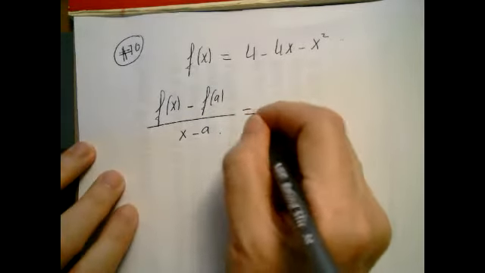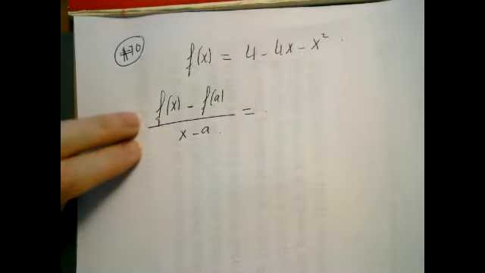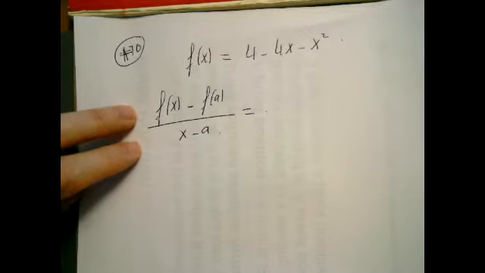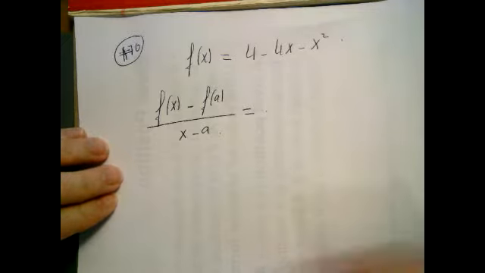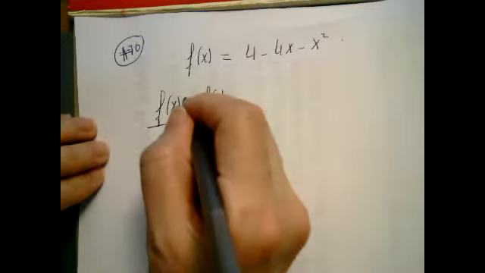Okay, so let's do that. And then we're going to try to visualize this geometrically. It means this difference quotient, how can we really visualize it in terms of the function? First, let us do the math.